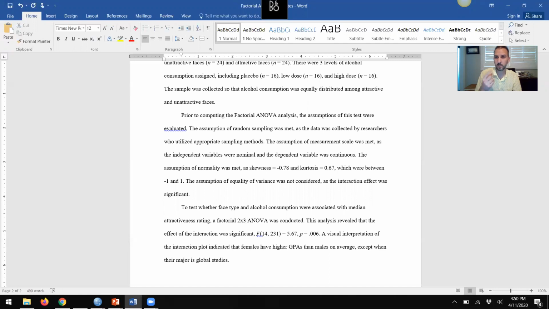The first variable, face type, has 2 levels, so that's why it's a 2 here. The second variable, alcohol consumption, had 3 levels, placebo, low dose, high dose, so that's why it's a 3 here. So a factorial 2 by 3 ANOVA was conducted. This analysis revealed that the effect of the interaction was significant.